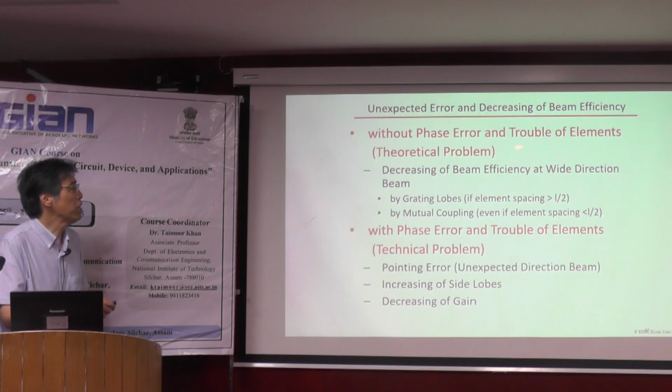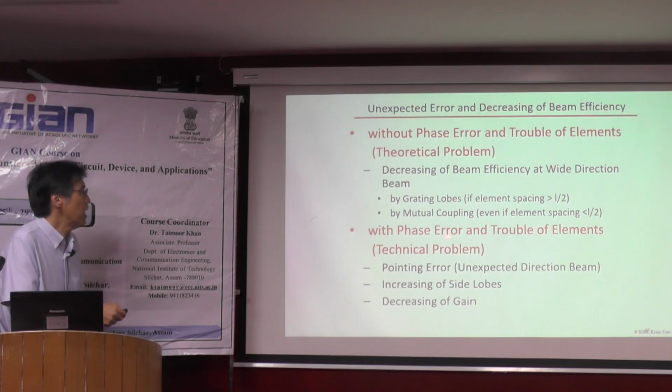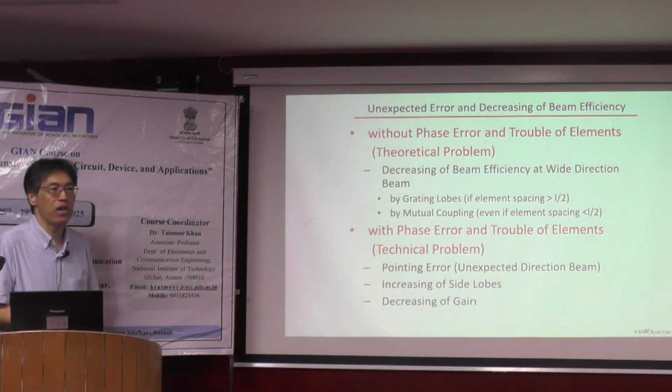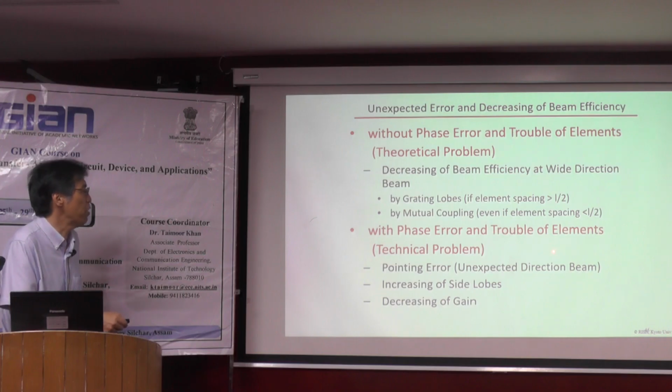One is a theoretical error factor. Without any phase error or trouble with the element, theoretically some problems occur. For example, the grating lobe, which has the same power as the main lobe, outside of the main lobe. And in a real developed phased array, of course, in the circuit or in the antenna, there are some phase errors or trouble with the element.